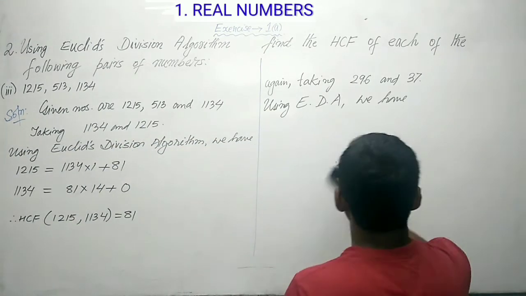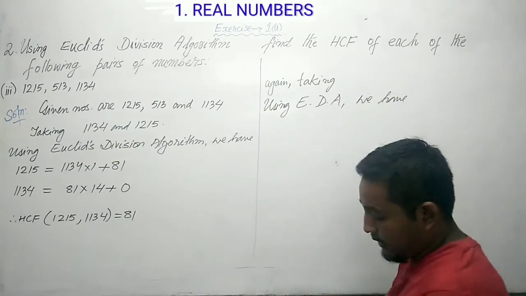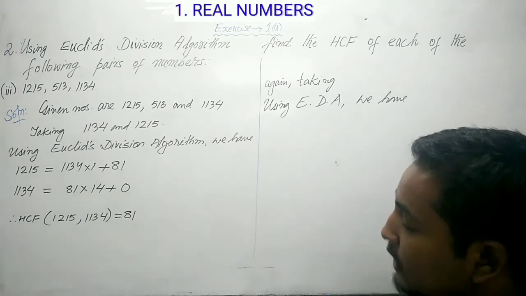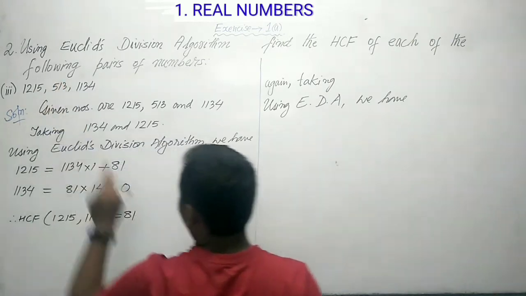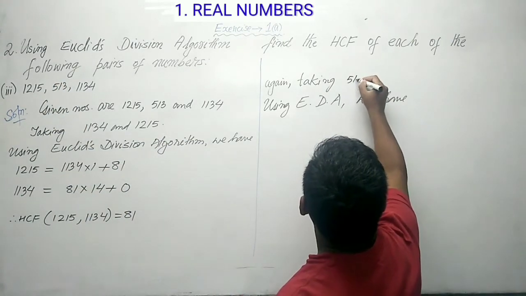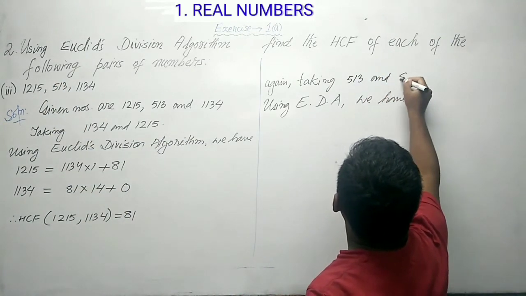Now, again, taking. Which number is left now? 513 is left. Let us take 513 and 81.